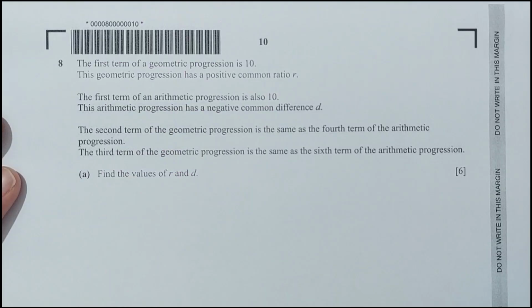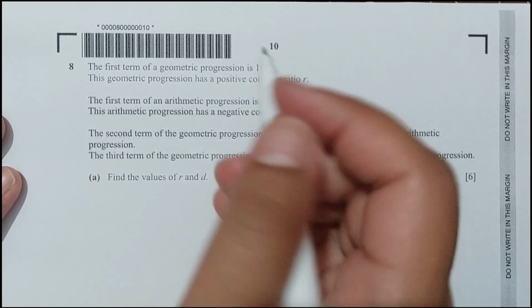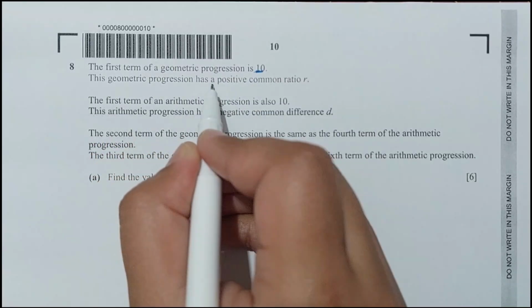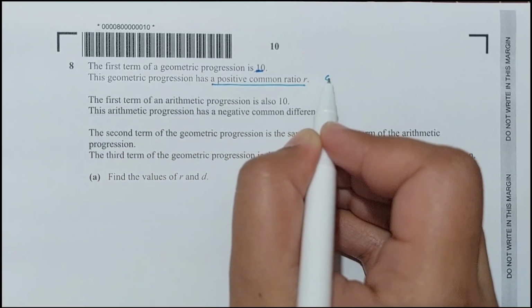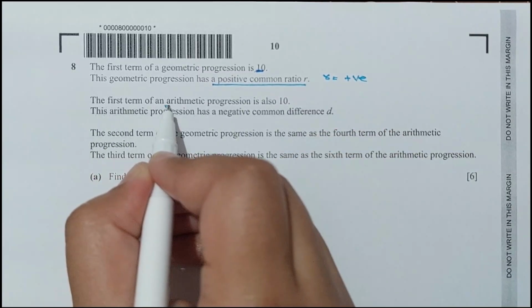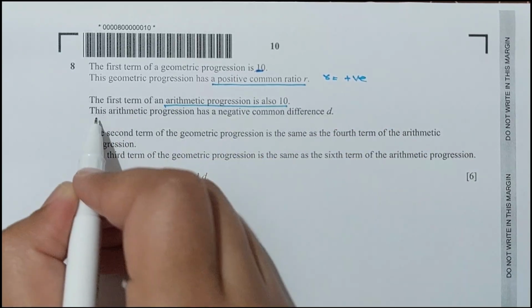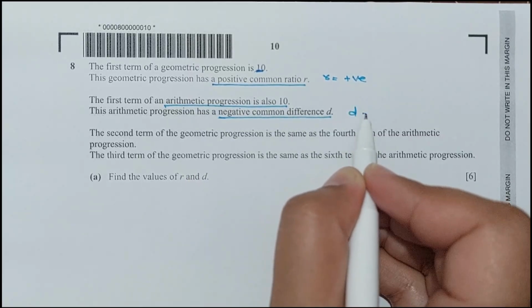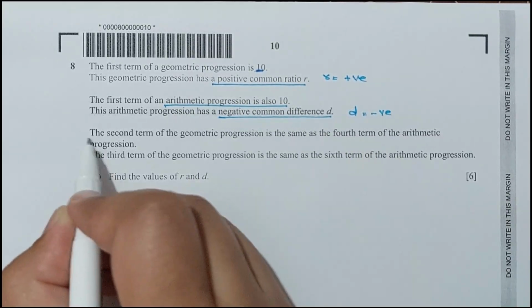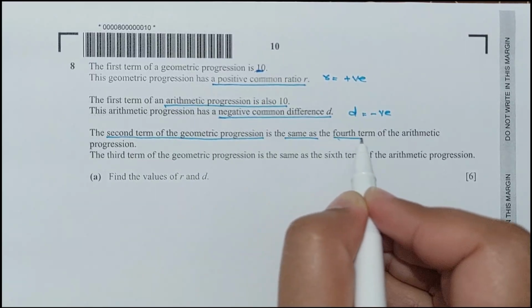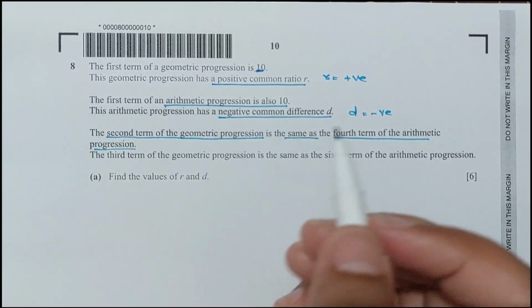Question number 8: the first term of a geometric progression is 10. This geometric progression has a positive common ratio, so the r value is positive. The first term of an arithmetic progression is also 10. The arithmetic progression has a negative common difference, so d is negative. The second term of the geometric progression is the same as the fourth term of the arithmetic progression.